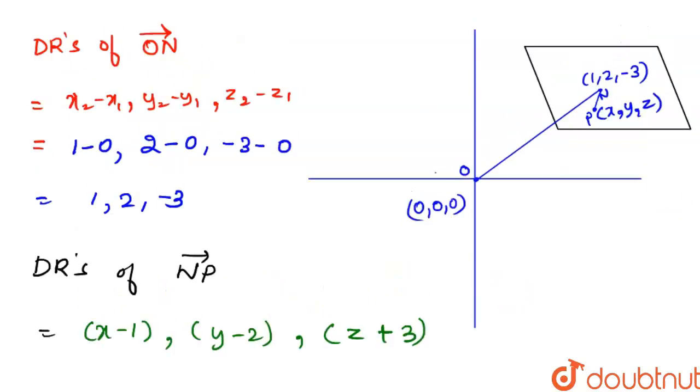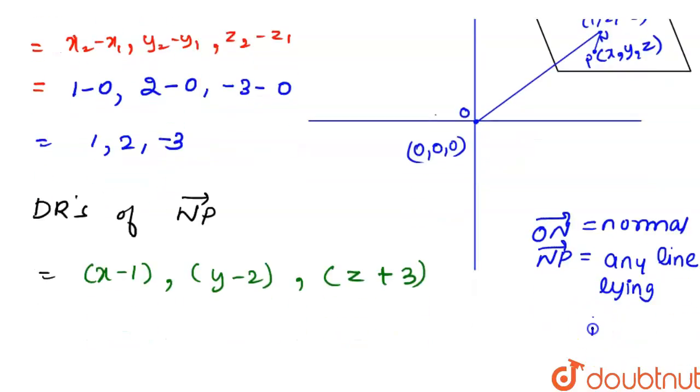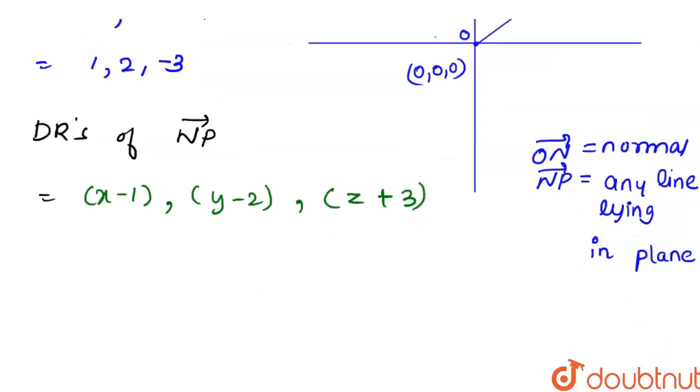Now we know that ON is the normal to the plane, and NP is any line lying in the plane. So we can say that ON and NP are perpendicular to each other.